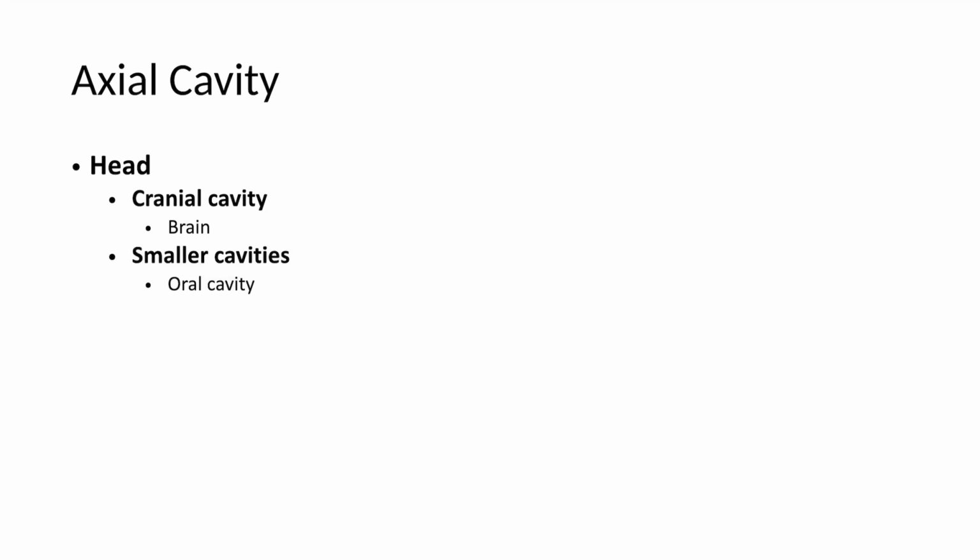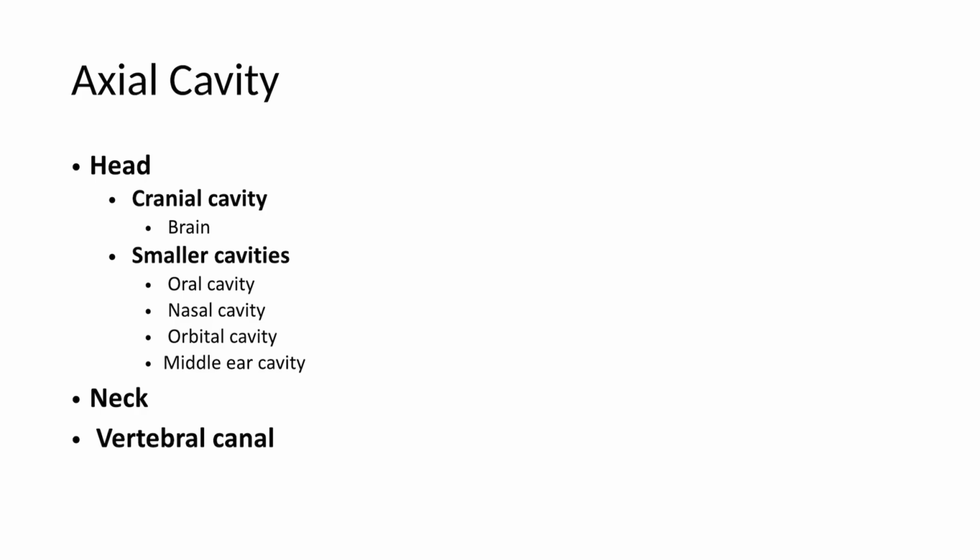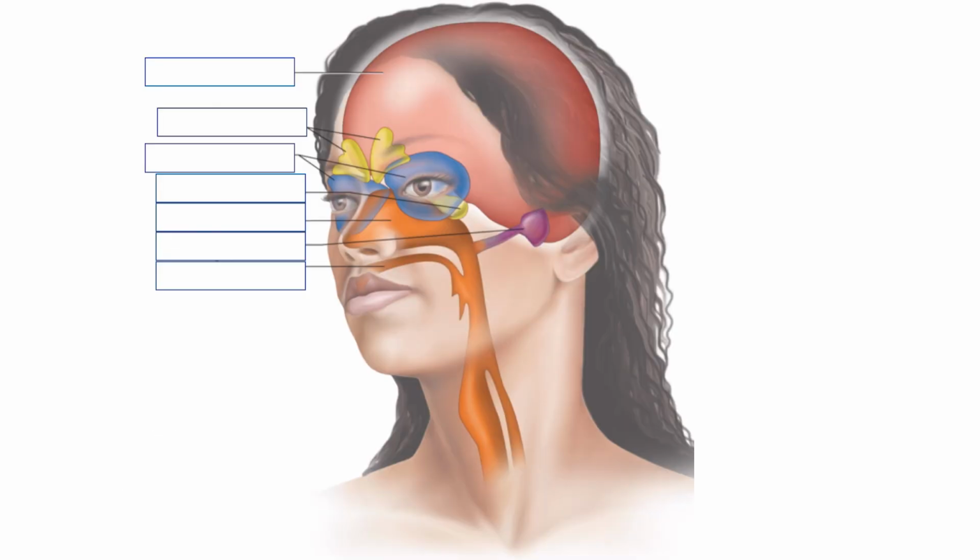The smaller cavities would be divided into the oral cavity, which would be the mouth; the nasal cavity, which would be the cavities in the nose area; the orbital cavity, which would be the eyeball socket; and then the middle ear cavity, which would contain the parts of your ear that you do not see. And then we have the neck, which we won't be able to divide into smaller things. The vertebral canal contains, again, the spinal cord, and then we have the trunk.